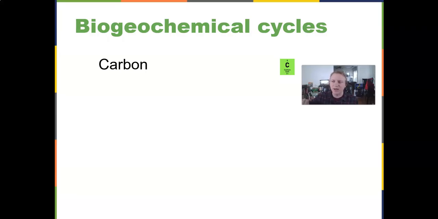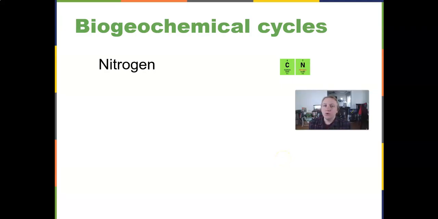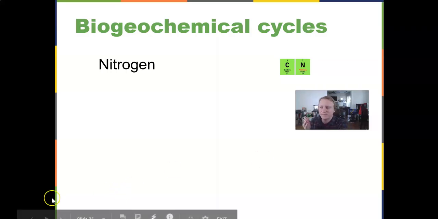Don't necessarily worry about that, but carbon is very important for life. We also have nitrogen. Apart from being 80% of the atmosphere, nitrogen is one of the key components in your DNA and in your protein. So every little bit of protein that you have has a bunch of nitrogen in it.